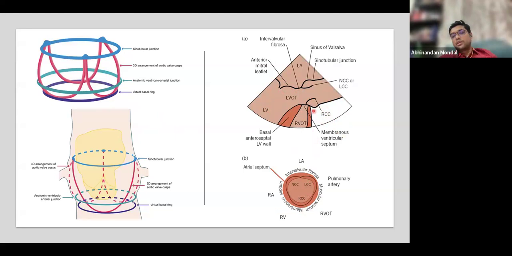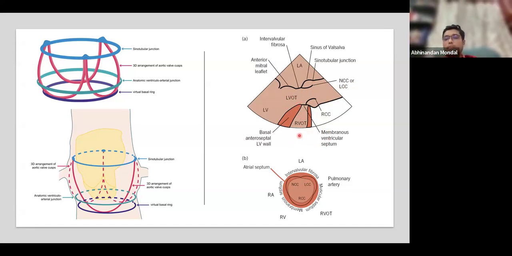So whichever leaflet is near the RVOT will always be the RCC, and the opposite leaflet will be either NCC or LCC. And this is your sinotubular junction, and this is a sinus of Valsalva. Here, between your RVOT and your LVOT, there is a membranous ventricular septum. In pediatrics, if you hear about membranous VSD, this is the location we look at.